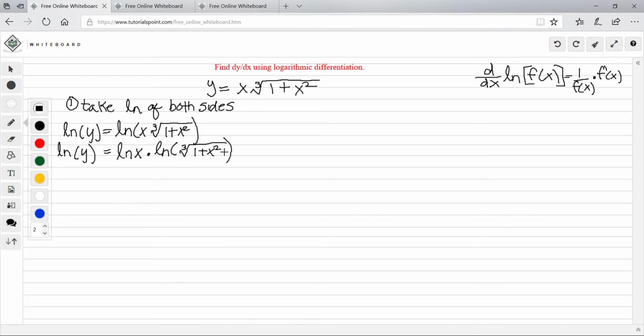This whole thing is like 1 to the 1/3, right? So let me just simplify this. ln of x times ln of 1 plus x squared to the 1/3, right? Do we agree that this cube root is the same thing as 1/3?